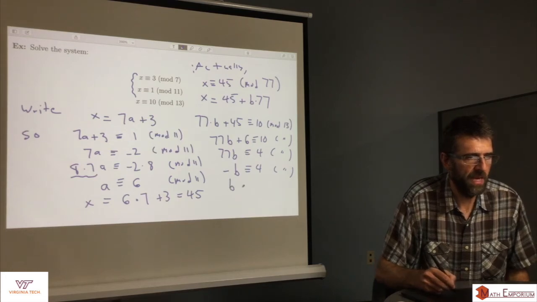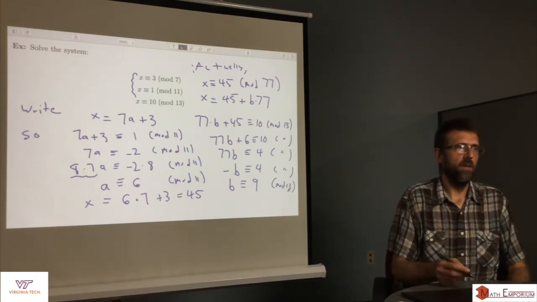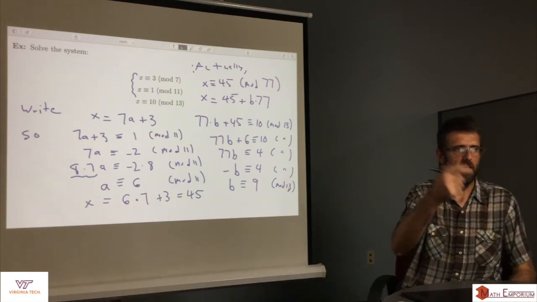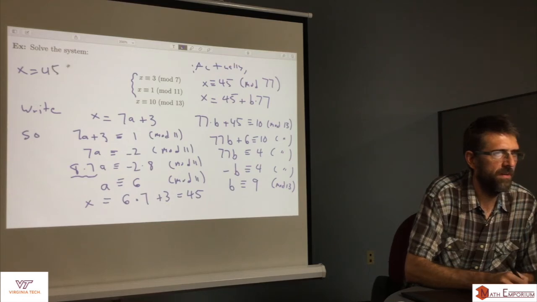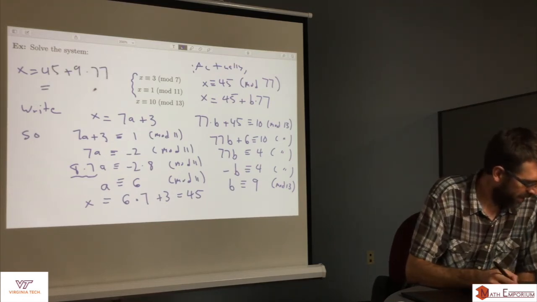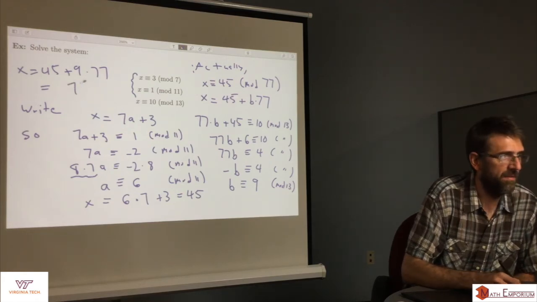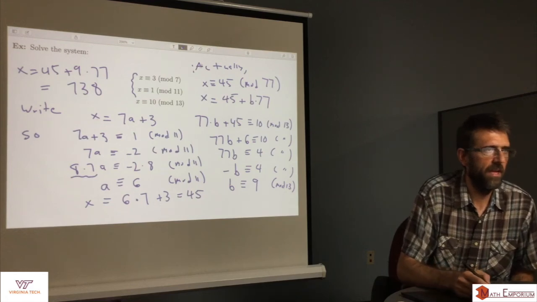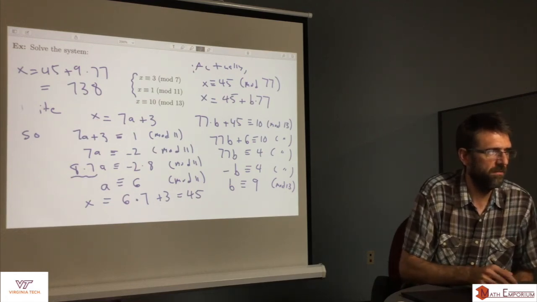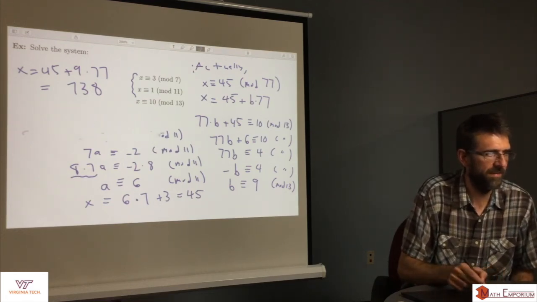So it looks like b then is just the same as -4, which is 9. So b is congruent to 9 mod 13. If I put all that together, then x is equal to 45 plus 9 times 77, and that gives me 738. So 738 is a solution to that system.